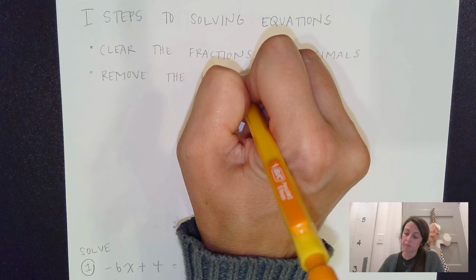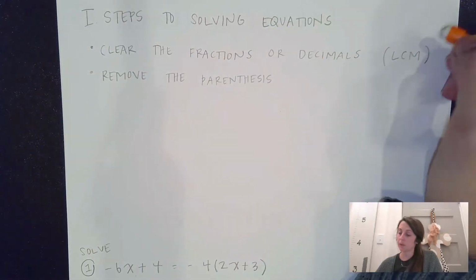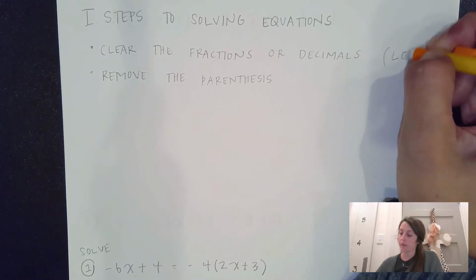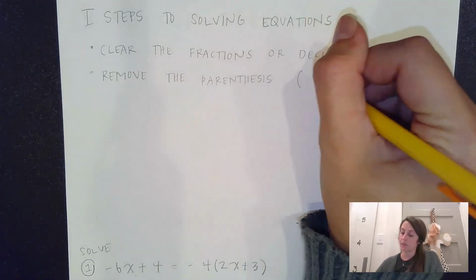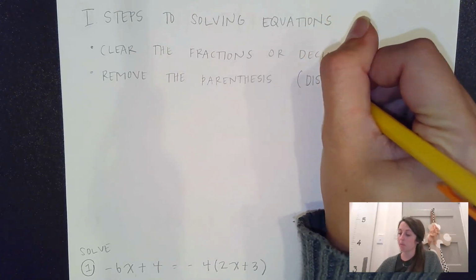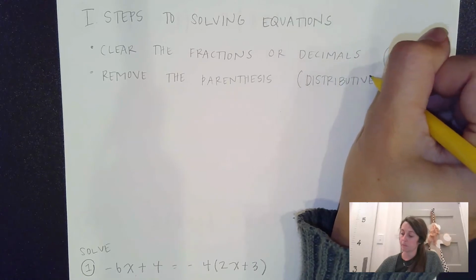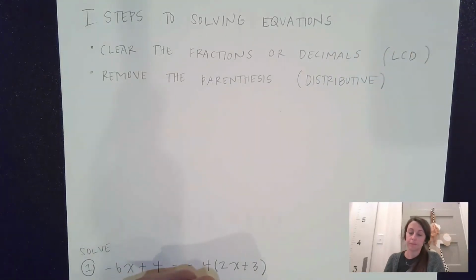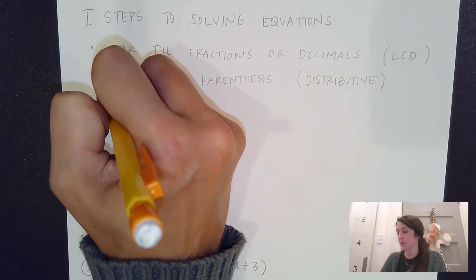So this is going to be basically your least common multiple, well, your least common denominator here. This is going to be using your distributive property. Then you're going to combine like terms on the same side of the equation.